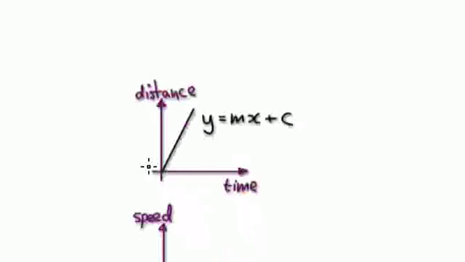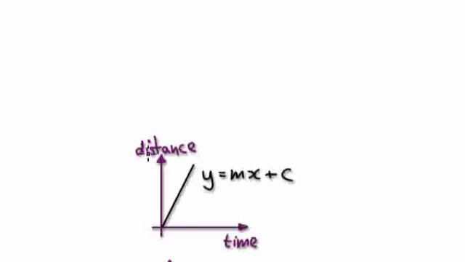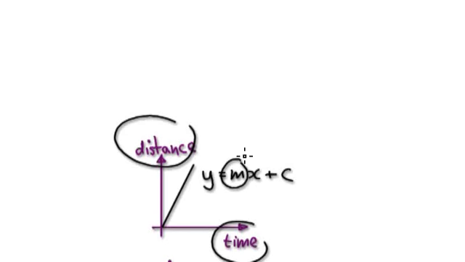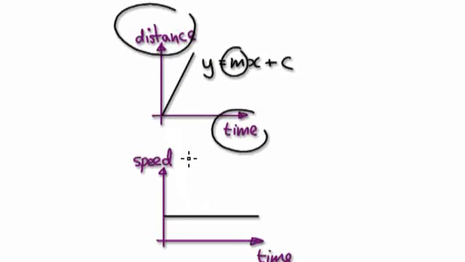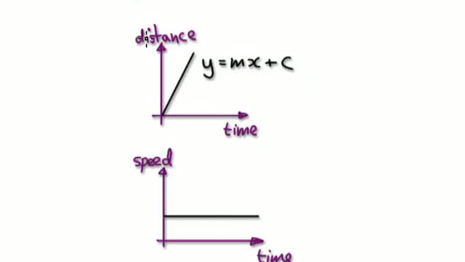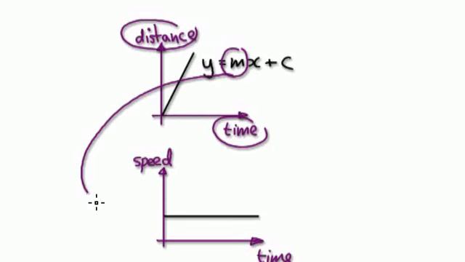So when you are given a distance time graph like this, the gradient here represents the speed. So m is right here. So this level is m.